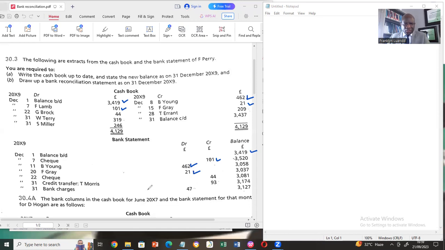And on 22nd, we received a check from G. Brook and that check was cleared. On 28th, we paid a check to T Errant, 209. That check was not presented. So this one is an unpresented check.